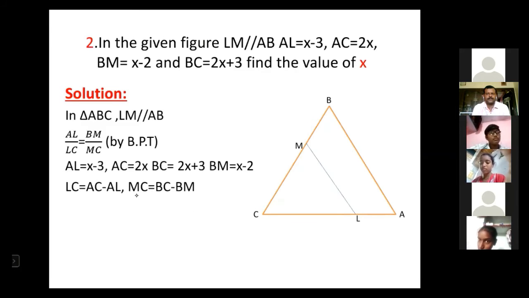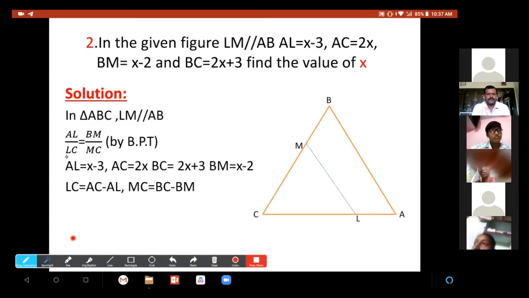So find the LC value. This LC value is not given, and the MC value is also not given. To substitute in the basic proportionality theorem, we require the LC value and MC value. So LC equals what? AC minus AL.